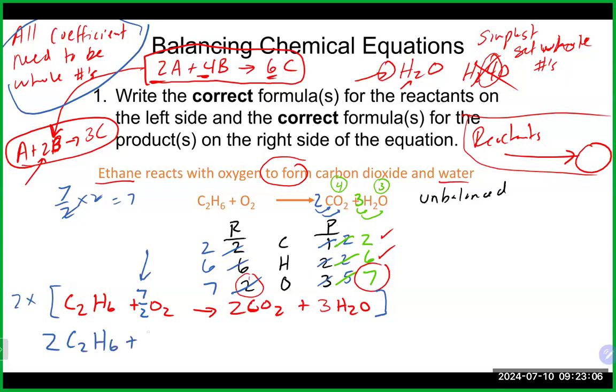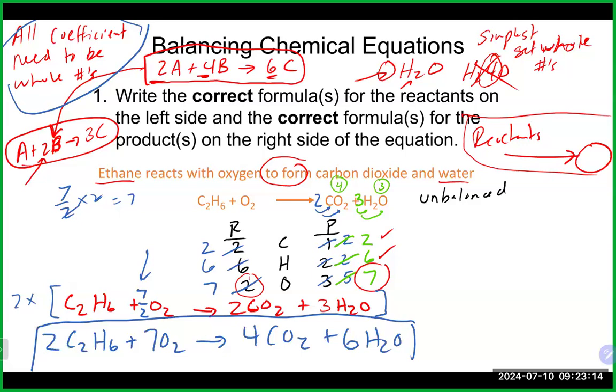That would give me 2C2H6 plus 7O2 goes to 4CO2 plus 6H2O. And if I didn't screw everything up, we should still be balanced here. We have 2 times 2, which is 4 carbons on the left, 4 on the right. We have 2 times 6, which is 12 hydrogens on the left, and 6 times 2, which is 12 on the right.